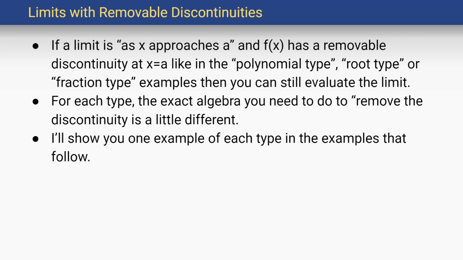Get rid of the divide by 0. And the way we're going to do that is going to be algebra, and each type of problem is going to need slightly different algebra in order to get the job done. And that's why I've divided them up into these types: polynomial type, root type, and fraction type, because the algebra is different in each type.